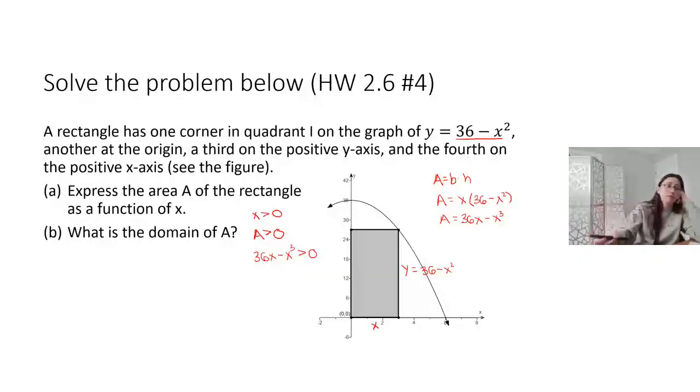So to write my domain, I'd say that my domain is between 0 and 6, or we could write this as 0 is less than x is less than 6.